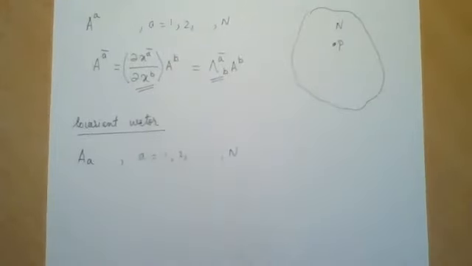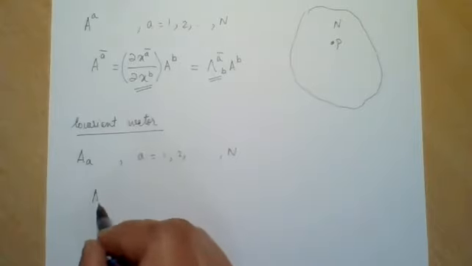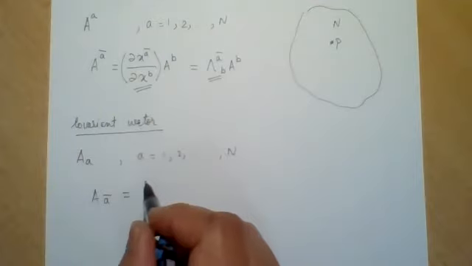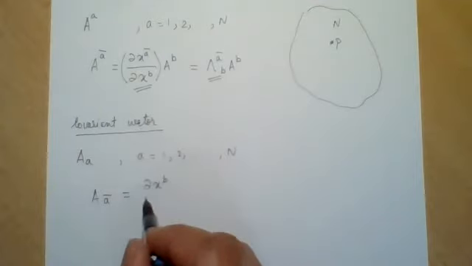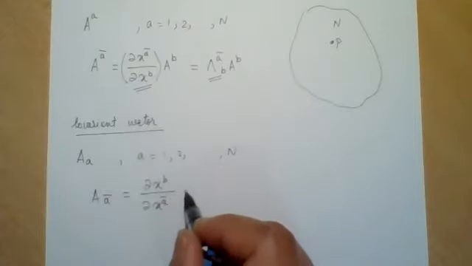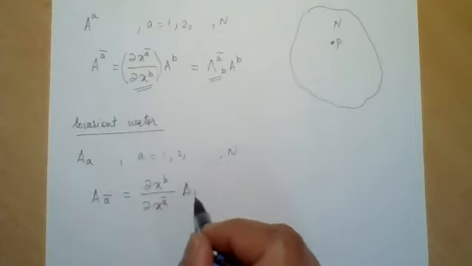And these components, if they transform according to this rule, A subscript a bar is equal to del x b by del x a bar times A subscript b.